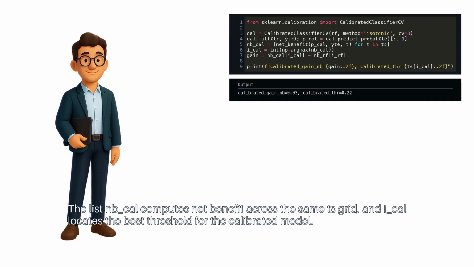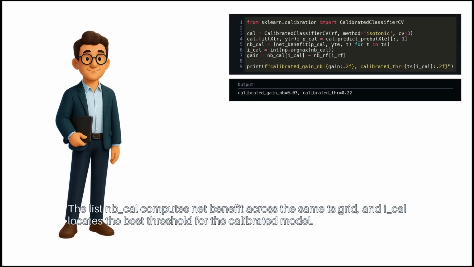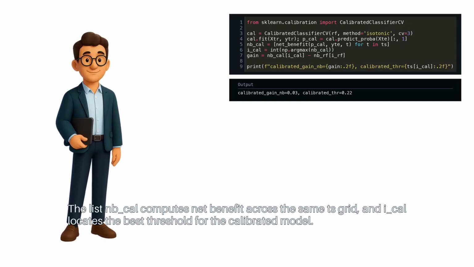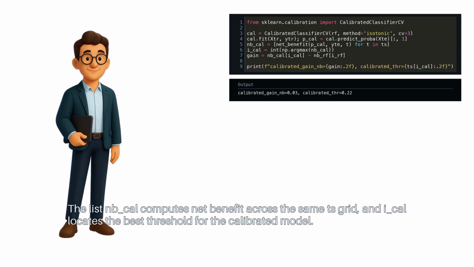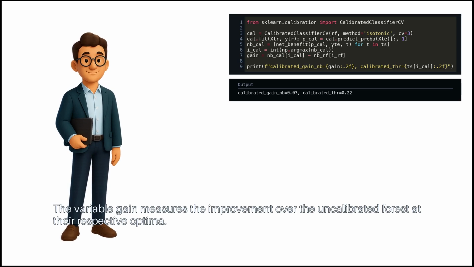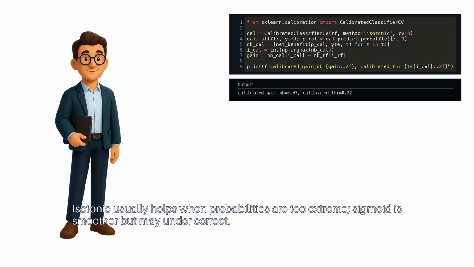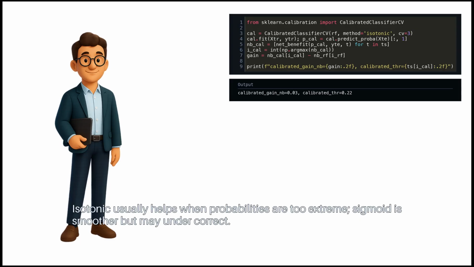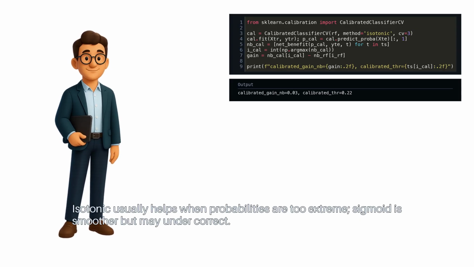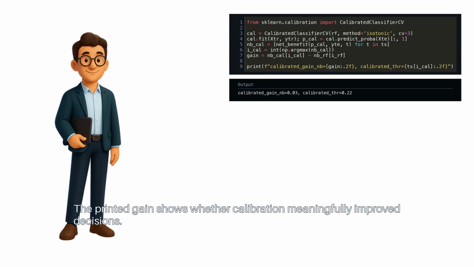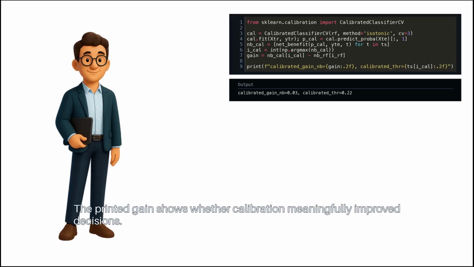The list nbcal computes net benefit across the same TS grid, and ical locates the best threshold for the calibrated model. The variable gain measures the improvement over the uncalibrated forest at their respective optima. Isotonic usually helps when probabilities are too extreme. Sigmoid is smoother, but may undercorrect. The printed gain shows whether calibration meaningfully improved decisions.